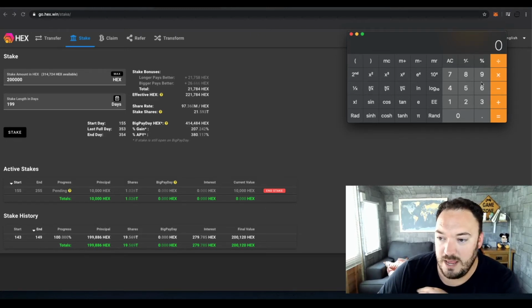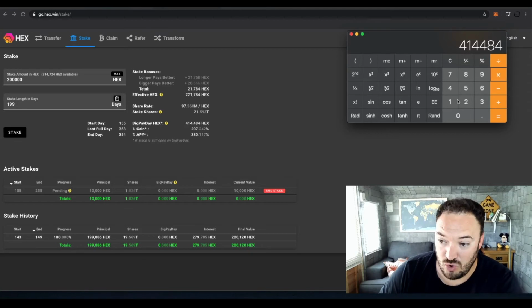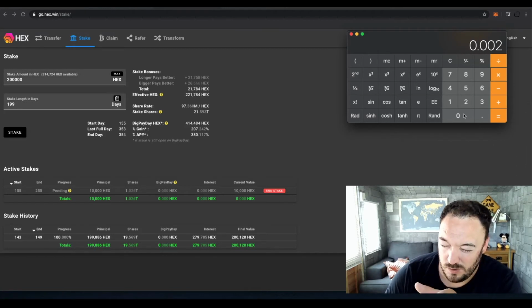For me to get that $840 worth, if I then end up with 414,484, I would need it to drop below a point of 0.0021, and I'd still be up.